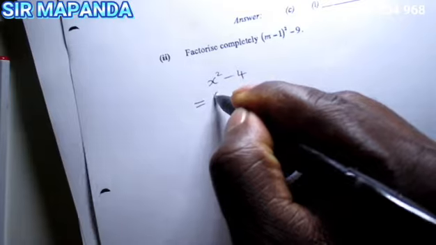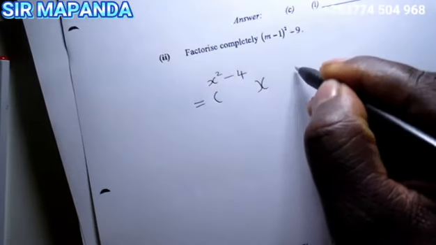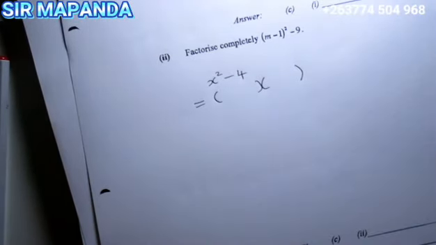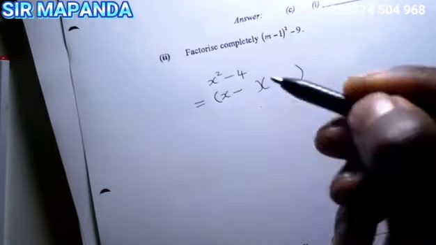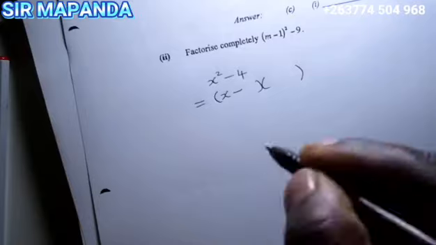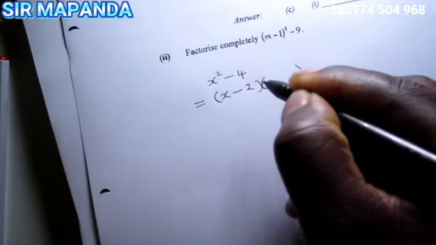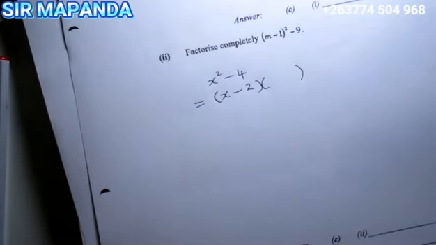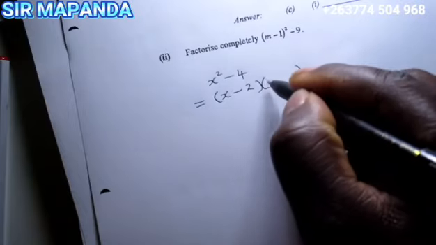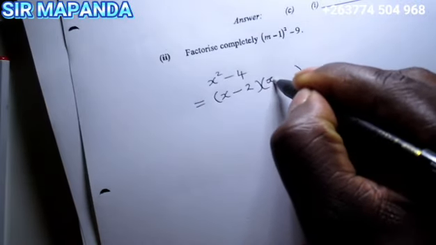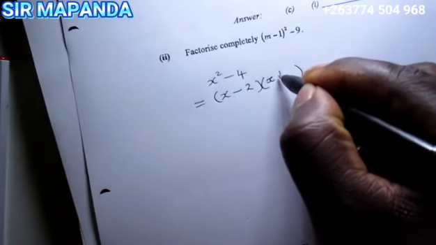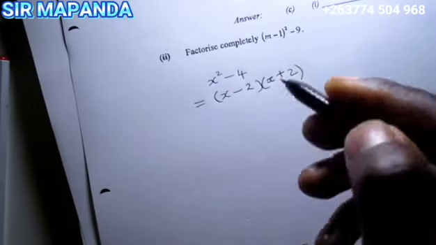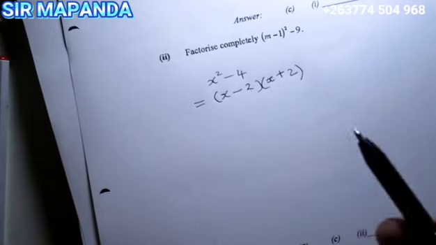Difference of two squares produces two brackets like this, right? Square root of x squared, you get x, then you put a negative sign in between. Square root of 4, you get 2, right? So I want you to understand something, right? The second bracket is going to be structured in such a way that we have a positive sign in between, but using x and 2.